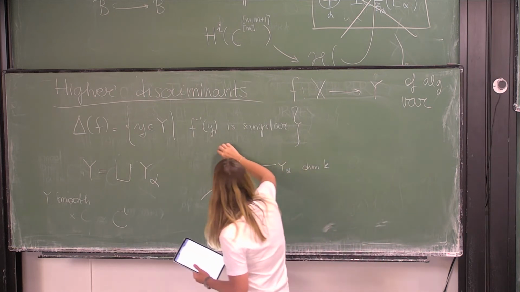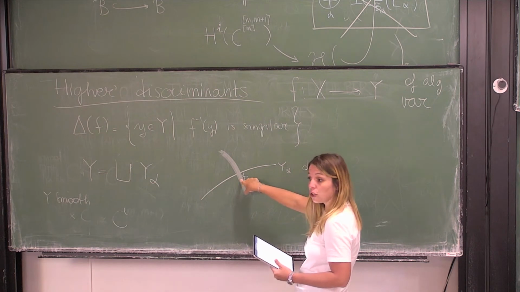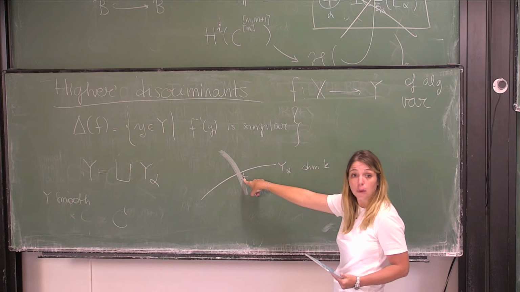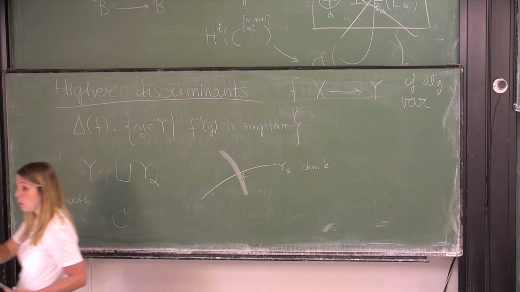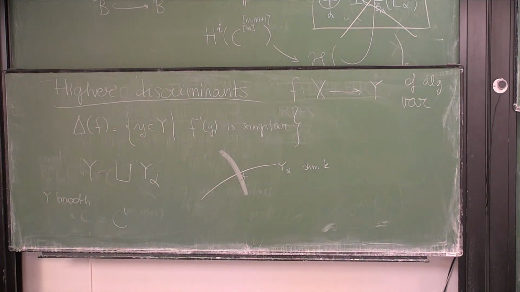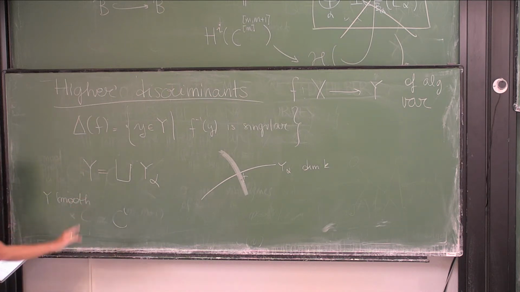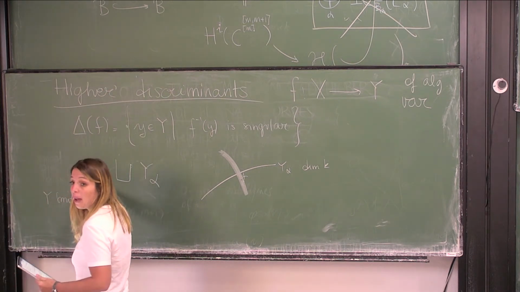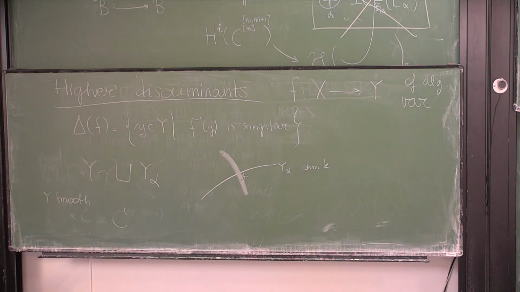So by disk, I mean a slice of codimension k, which intersects y alpha just in the point y. Here we are in a smooth variety, so we have a well-defined notion of transversality. When I have something singular, you need to be a little bit more careful. The idea, let me just say it in words, is that you locally embed around y your target variety into some C^n.